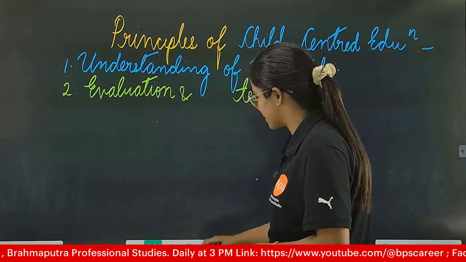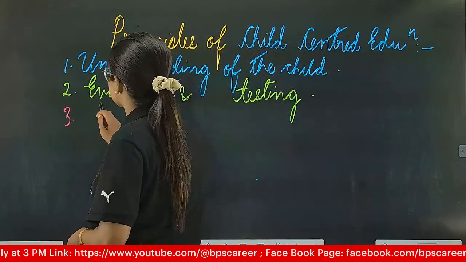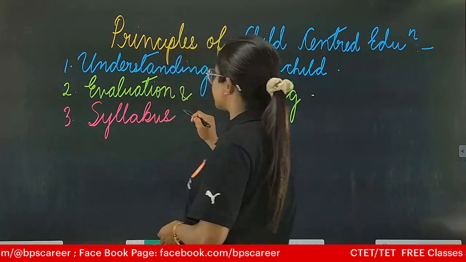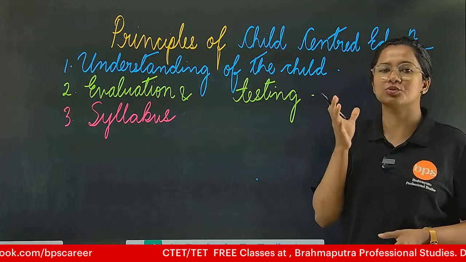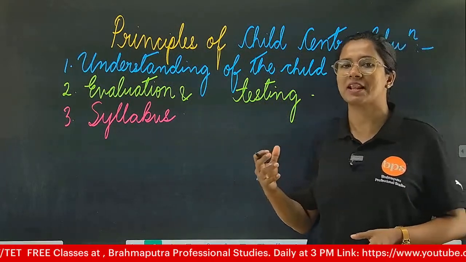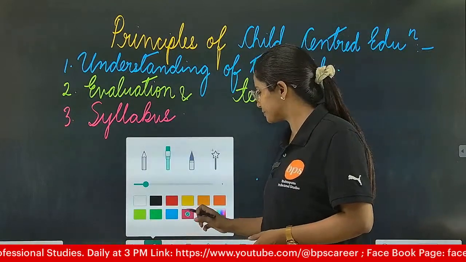Third is the syllabus, which is related to the teaching of the child's standard. It may be class 1 standard, or it may be class 8 standard. Depending on the standard, you need to plan accordingly.